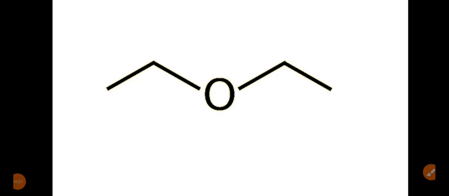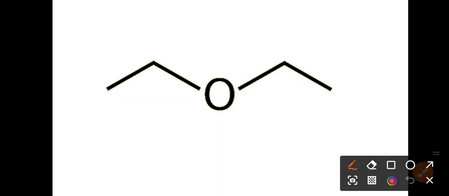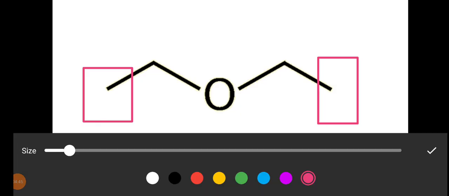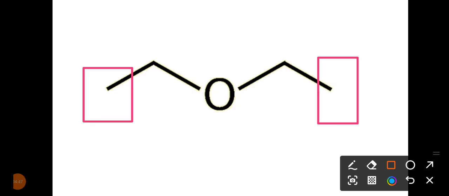This CH3 gives one signal because these two sets of protons are magnetically and chemically equivalent, and this one gives another signal, so only 2 signals. So in diethyl ether only 2 signals are there.